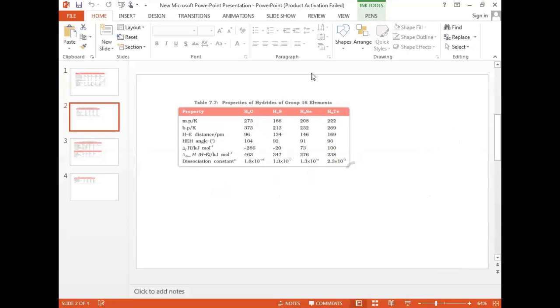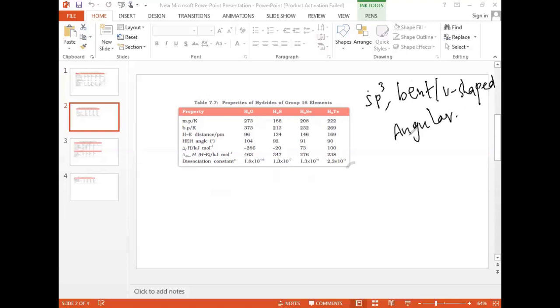These 16th group elements form different hydrides, that is H2O, H2S, H2Se, and H2Te. In all the cases, we can see sp3 hybridization, and a bent shape or V-shaped molecule, or we can call it an angular molecule.